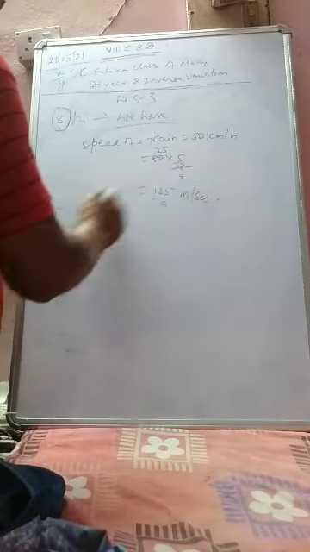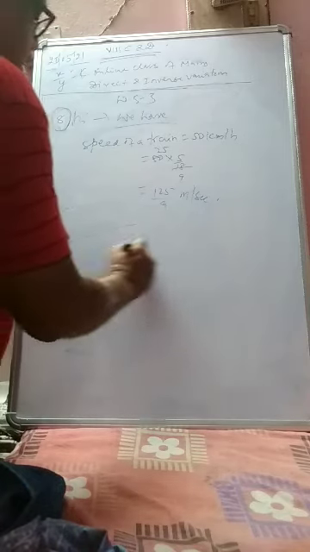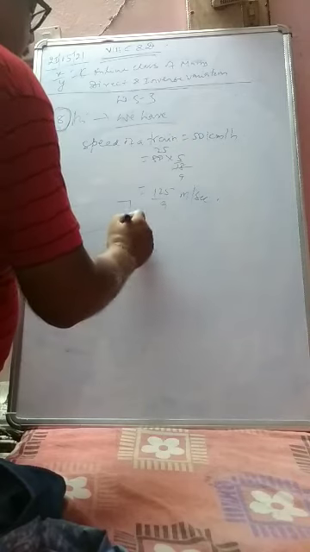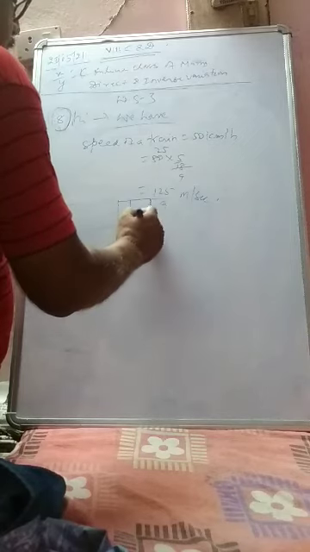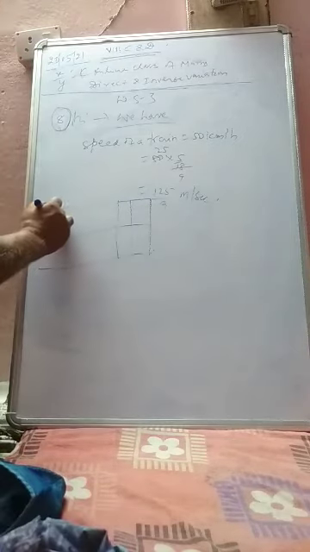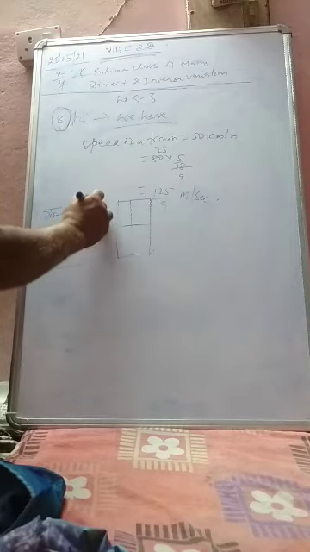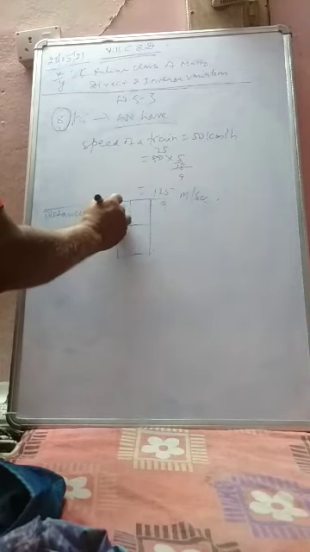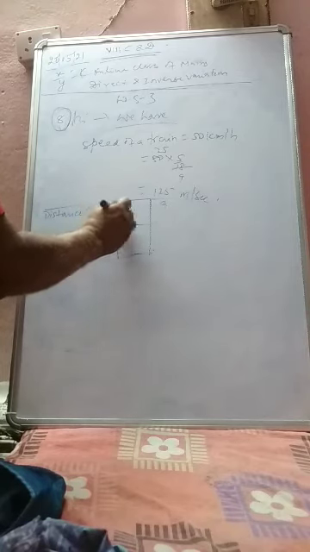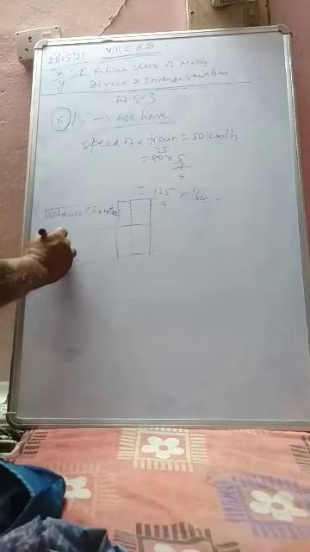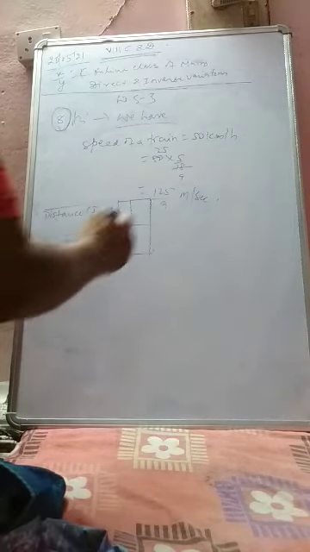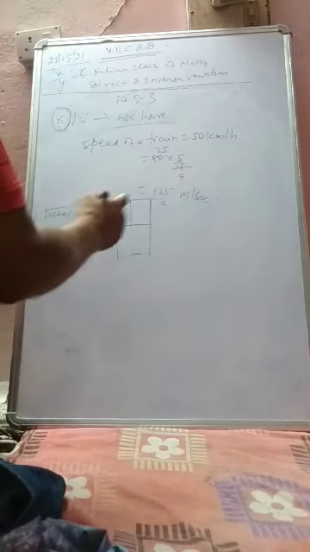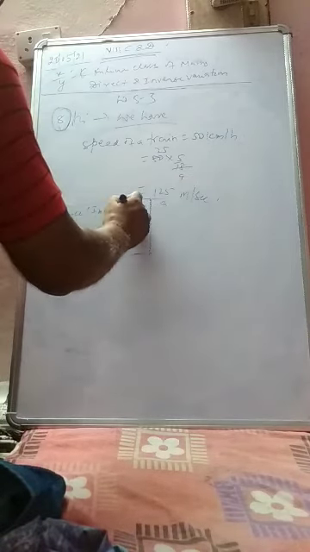Now here we will prepare the data. Distance in meter, time taken in second. Distance is 125 by 9.